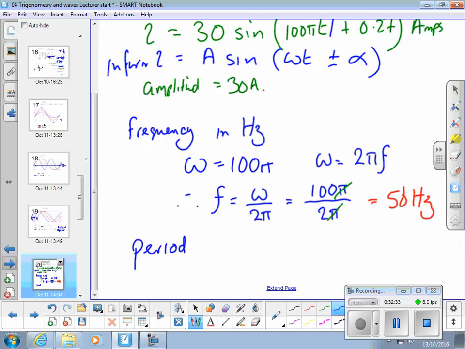Period T is equal to 1 over f, the reciprocal of the frequency. 1 over 50 equals 0.02 seconds, which equals 20 milliseconds. But either would be correct, and you get full marks in the exam for either of those two answers, 0.02 or 20 milliseconds.